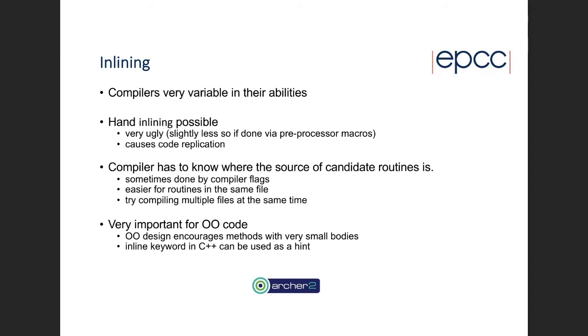The problem is that the compiler has to know, in principle, where the source of the candidate routines are. That can sometimes be done by compiler flags. You can point the compiler at the source code for the routines that you care about, in these other files somewhere. Increasingly, though, this process is done at link time, but you may still need some extra flags to persuade it to happen.